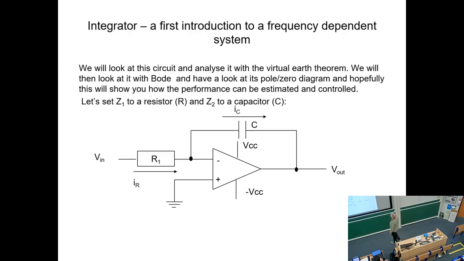But what we're going to do now is consider what happens when we put a capacitor in the feedback loop. Okay? So this is a frequency-dependent system. Because we can look at this and apply what we know about capacitors and frequency and get a good idea of what's likely to happen.